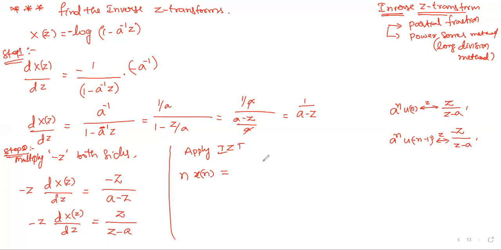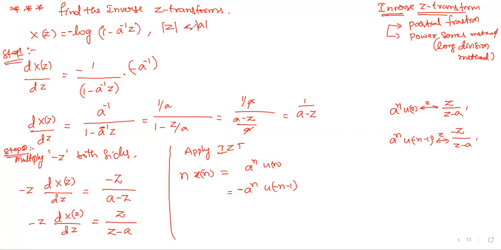Whether I need to write, two possibilities are there. a power n u of n, this is one possibility. Another possibility, minus a power n u of minus n minus 1. These two possibilities are there. Now, which one do I need to choose? You need to verify what ROC is given. Mod z less than mod a.